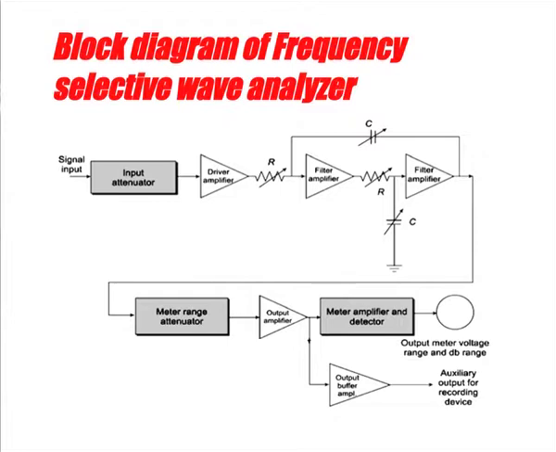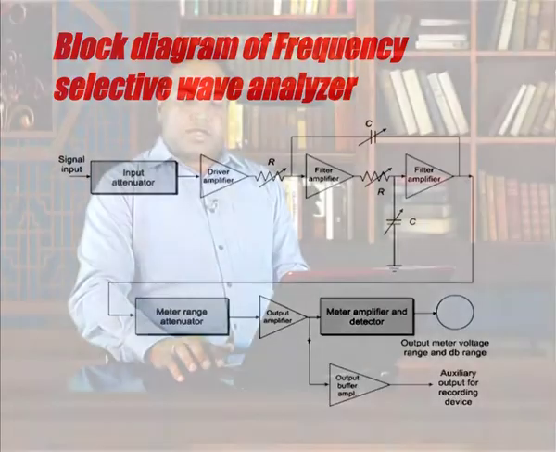It has been used for just transferring the maximum power, or we can say it is a pre-amplifier, and the output of this driver amplifier is fed to the most important component of the wave analyzer, which is the filter of high Q. The figure shows this high Q filter circuit, in which we have used RC components.